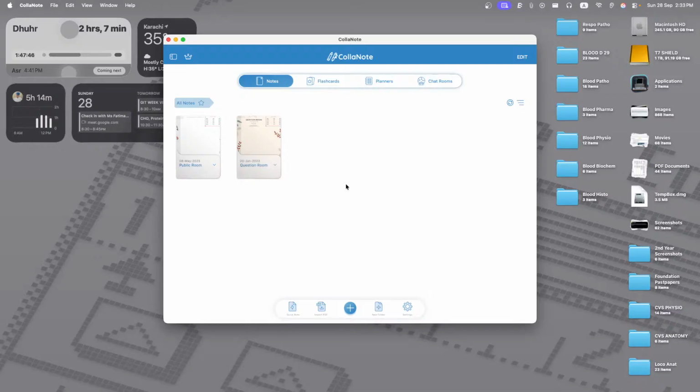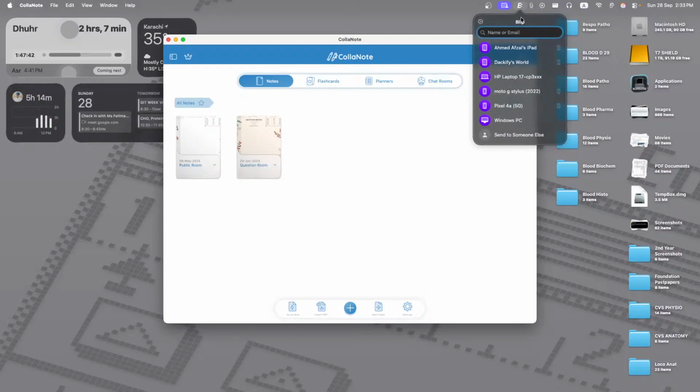Oh, I can't even AirDrop. That is crazy. Yeah, let me flip it. Not on the Windows PC, bro. Mac Mini.